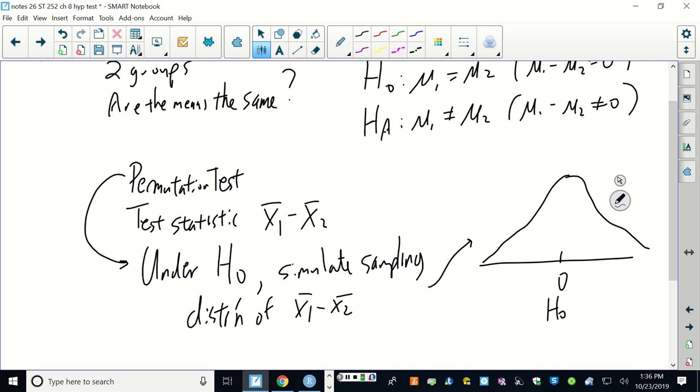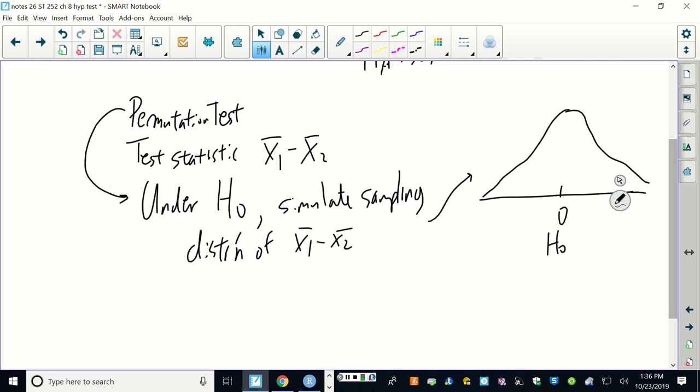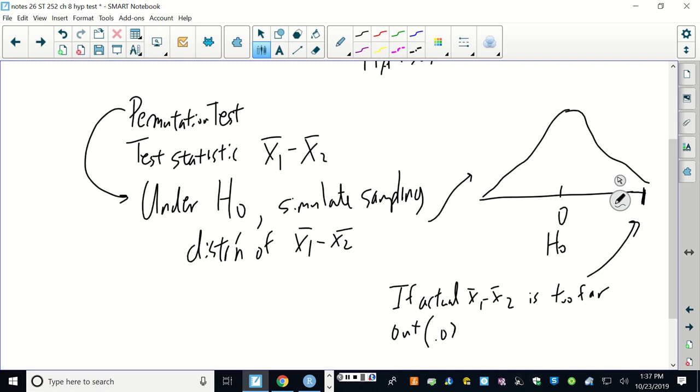If it's a small percentage, say less than 2.5%, since we're doubling the probabilities because not equal can go either way, then we would reject. So if the actual, real observed x bar 1 is too far out, like in the 2.5% tail, then we conclude that we reject the null hypothesis.